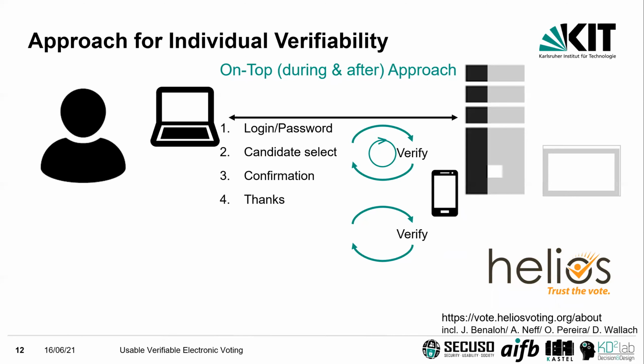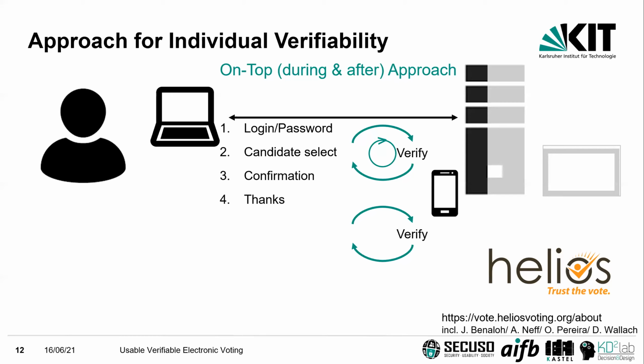Then the second category are those on top, but during and after approach. And the most well-known approach here is the Helios voting system. So here the voter actually needs to do something. He or she can still cast his vote without doing any steps on verifying.